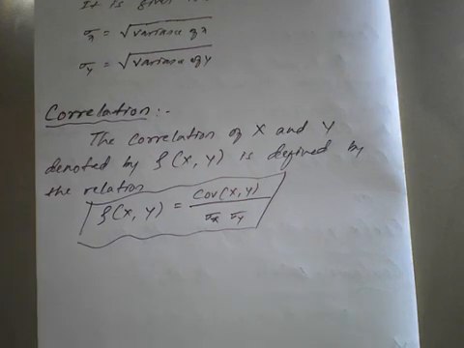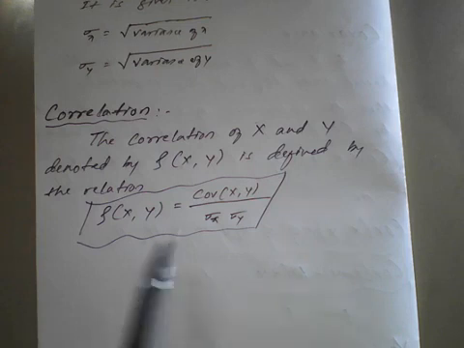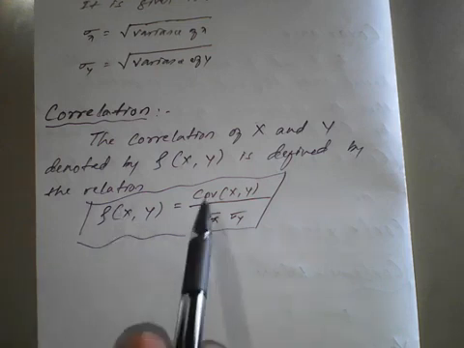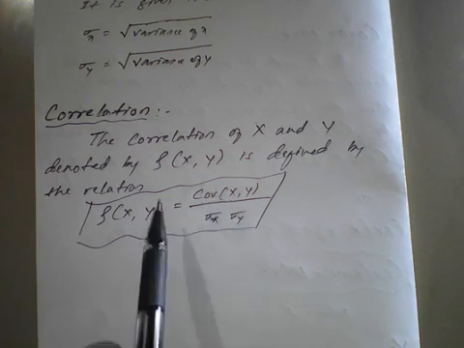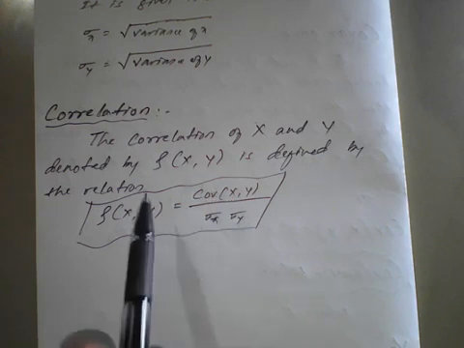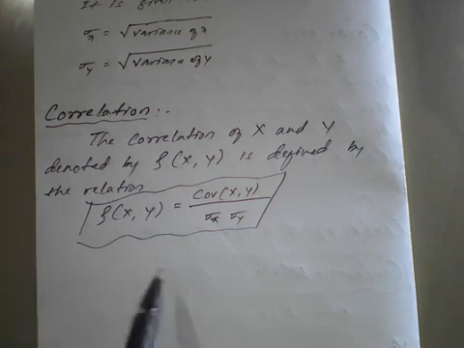So here the example is very important. They will ask: find the correlation between x and y for the given data. At that time, to find the correlation we need covariance. To find covariance we need your expectations. To find expectation we need mu. So all formulas are very important.